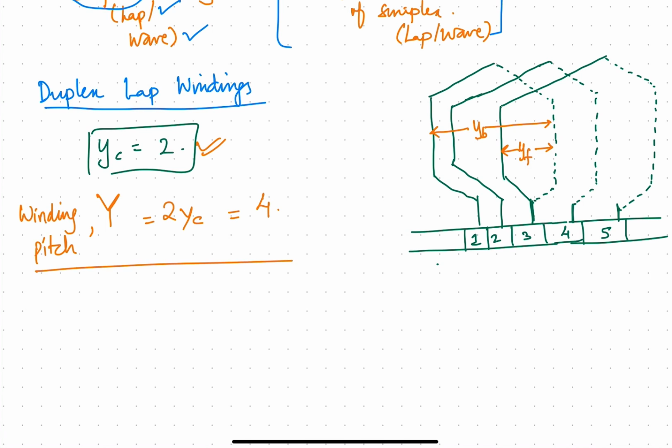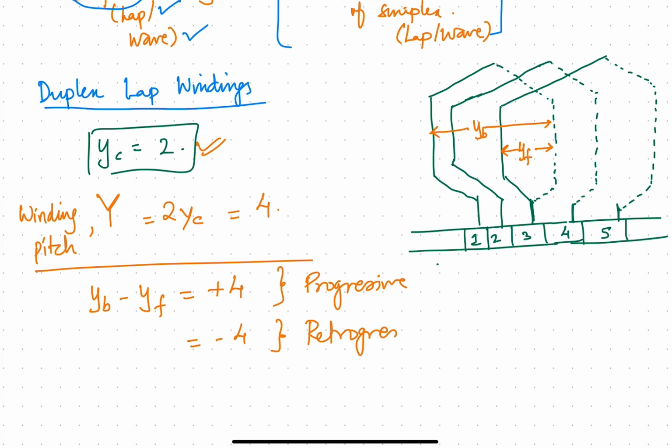So for a progressive winding, the difference between YB and YF is plus 4, and for a retrogressive winding it is minus 4.